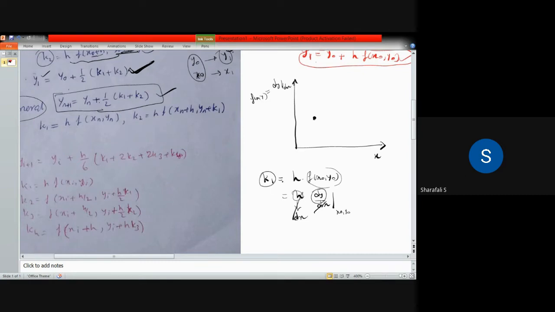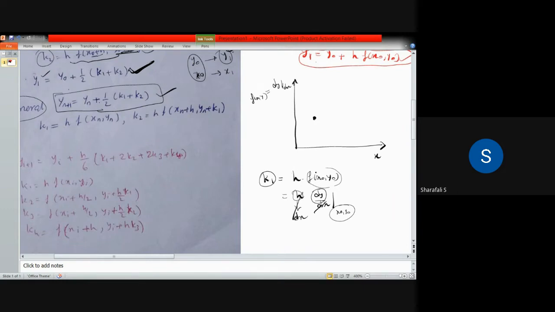Okay, that is the change in y, if you know the value of x0 and y0. So that is nothing but k1, right?